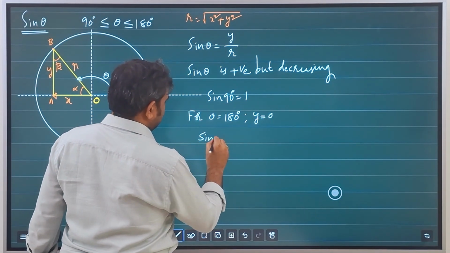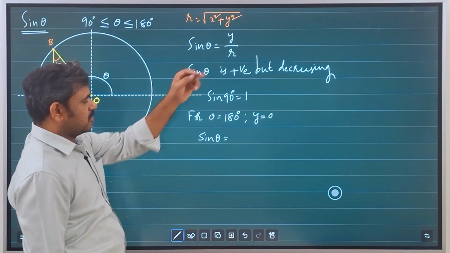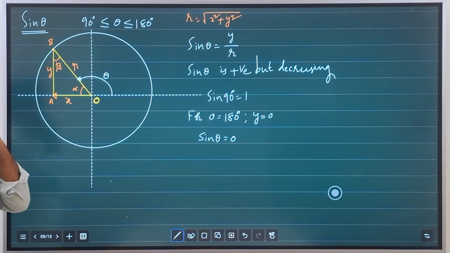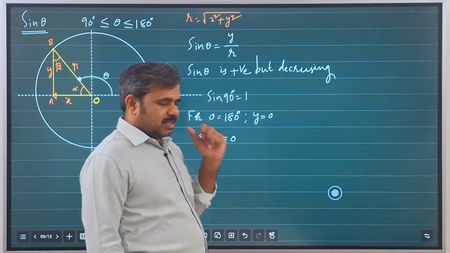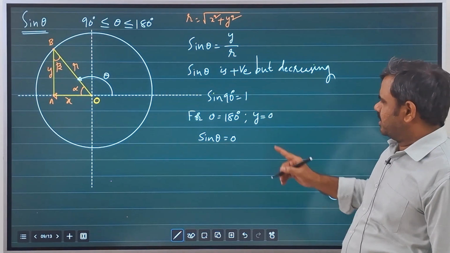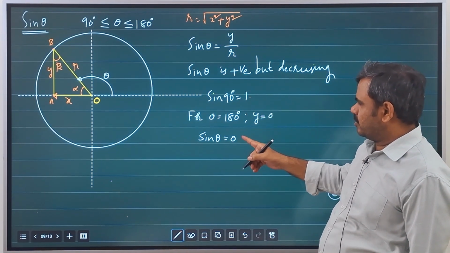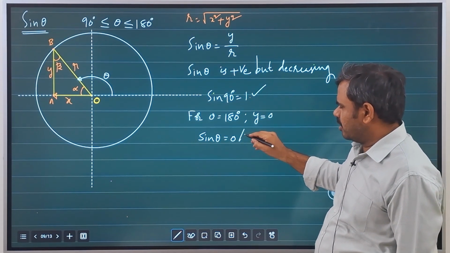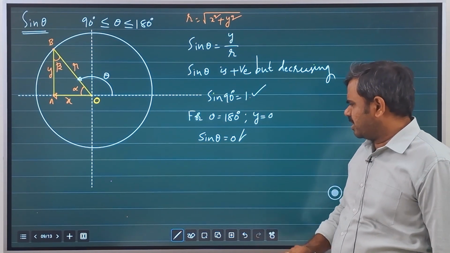It means the opposite side value becomes 0, which means sin theta becomes 0. So what we understand here is that when theta increases from 90 degrees to 180 degrees, sin theta value decreases from 1 to 0. That's the conclusion we come to.